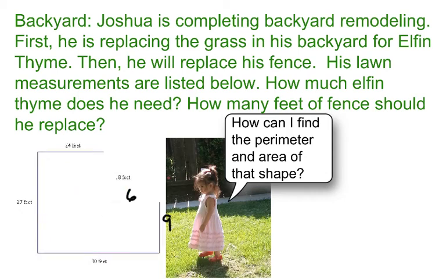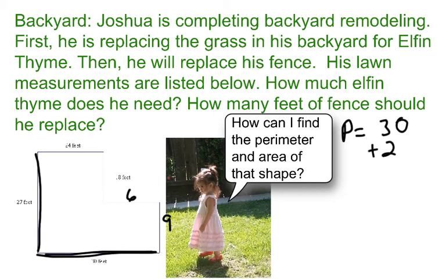So now that I have all my measurements, I can first find the perimeter. The perimeter is going to be the sum of all the sides. Well, I have 30 feet of fence here, 27 here. So I have 30 plus 27 plus 24.